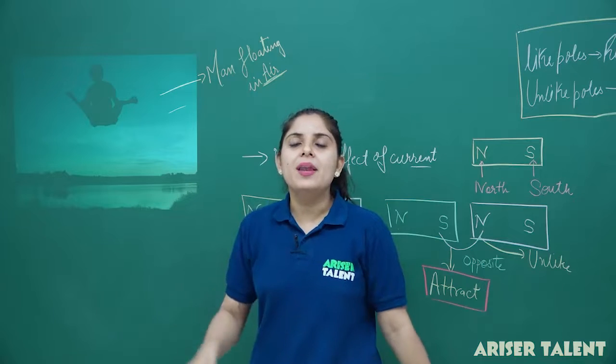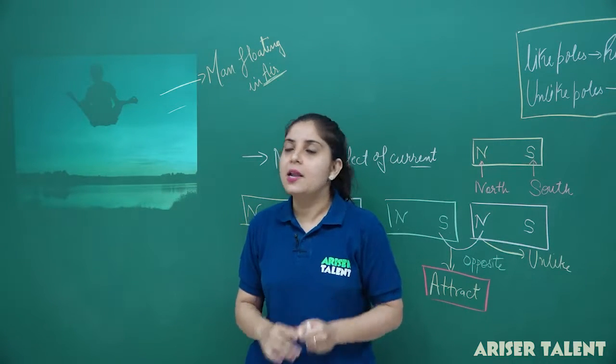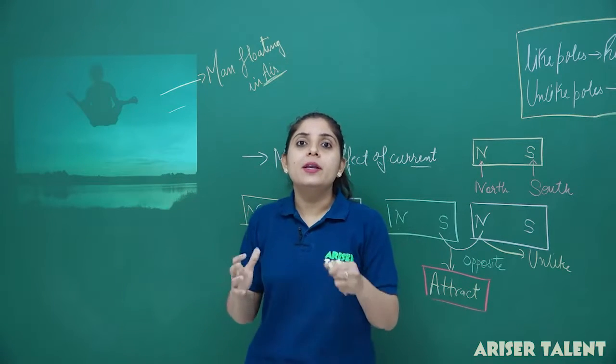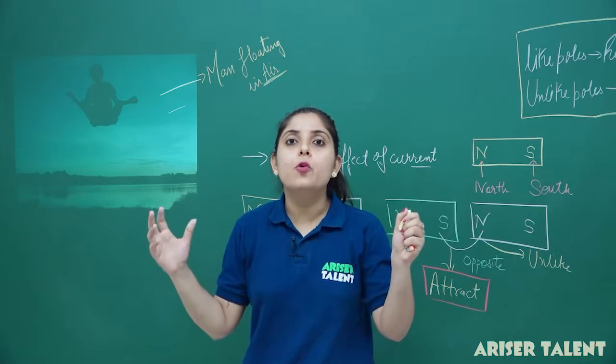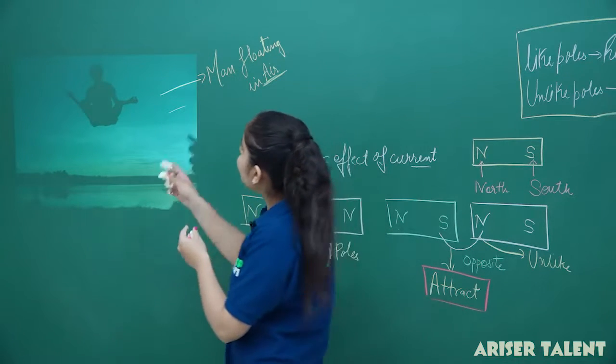So, this phenomenon is possible only because of the strong magnetic effect of the current. And for doing this, you need very strong magnets that will create a very large effect of the magnetic field around it. So, what will happen here?